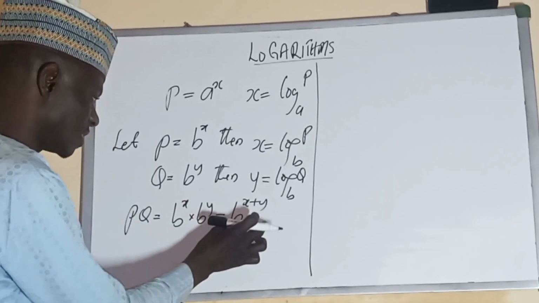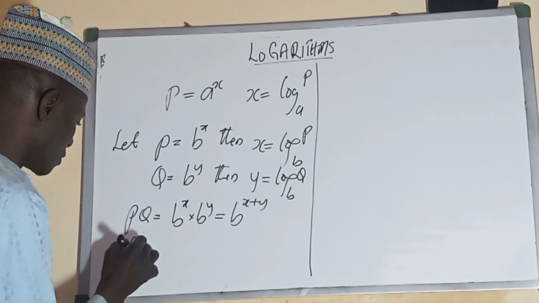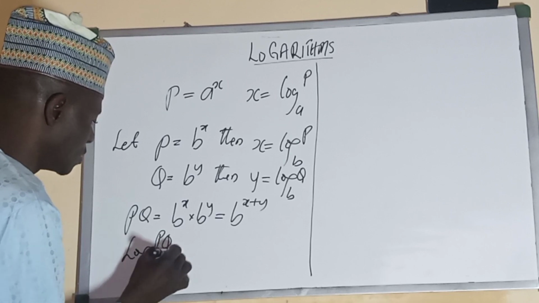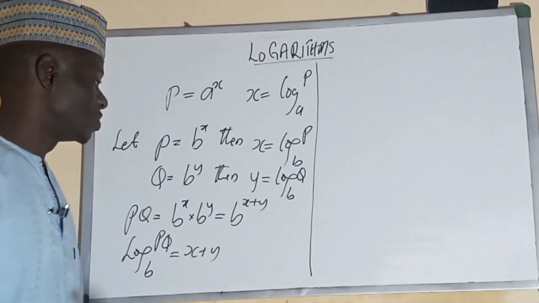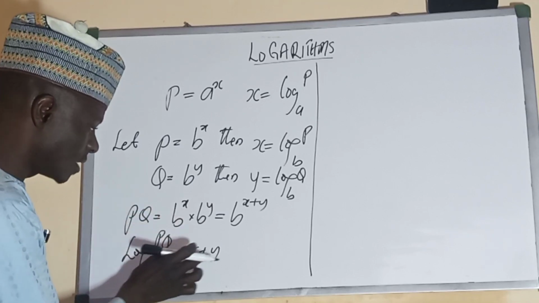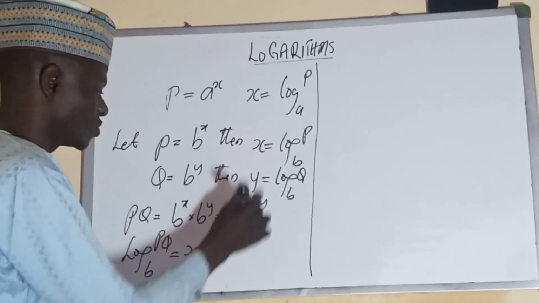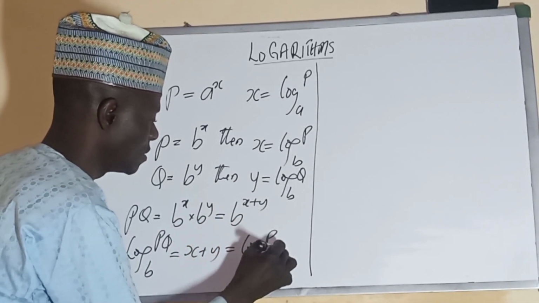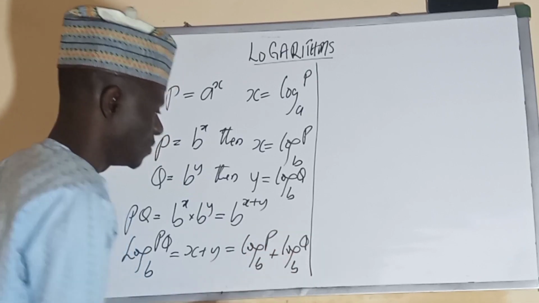Now, if we take the logarithm of this, we are going to have log pq to base b is equal to x plus y. So this x and this y, from the equations, give us log p to base b plus log q to base b.